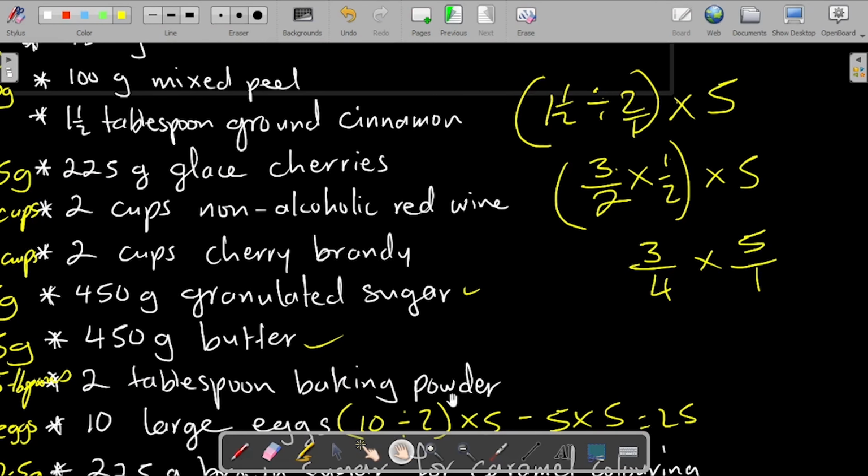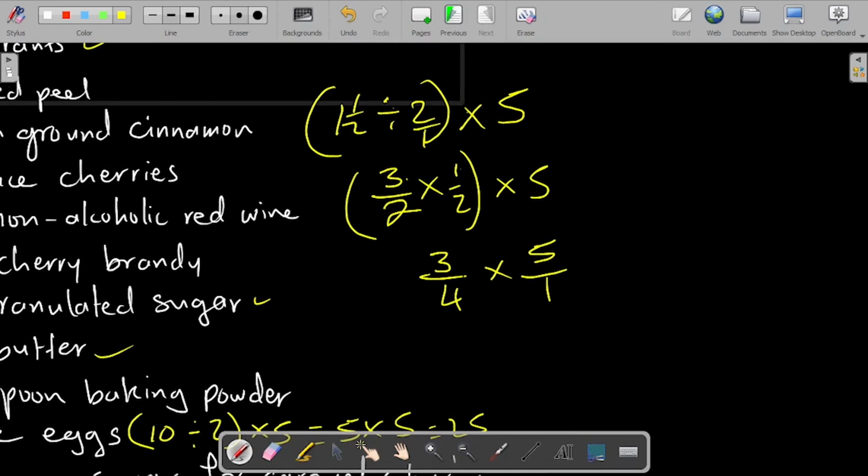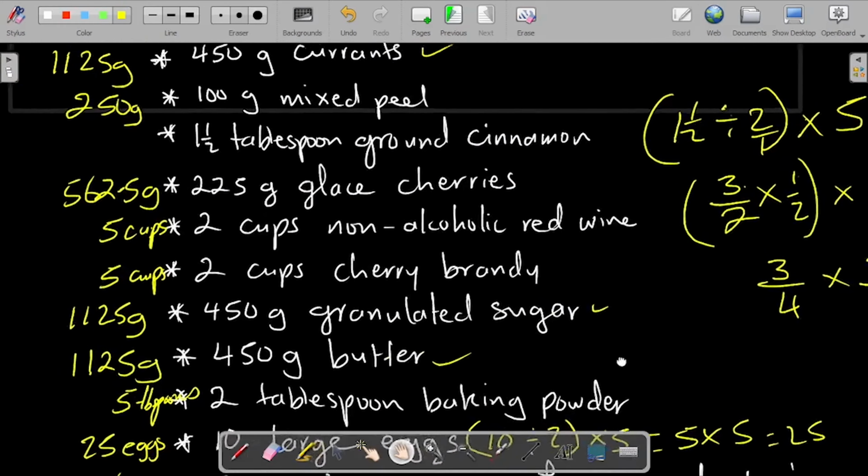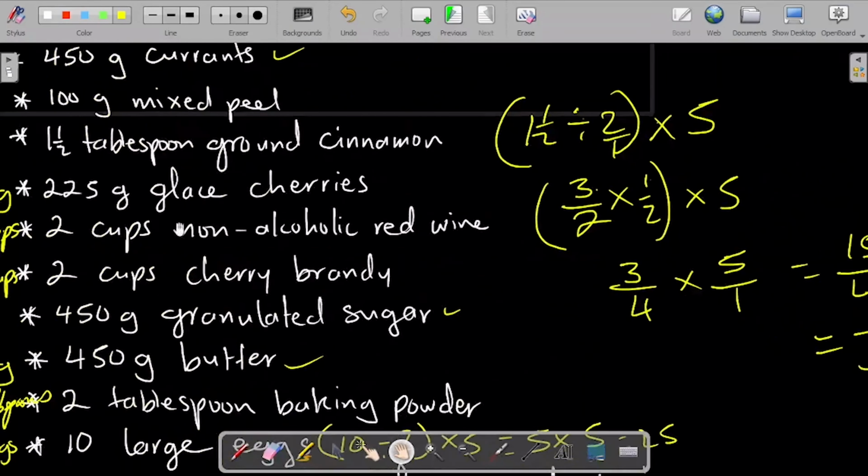We cannot cancel, so 3 times 5 is 15 over 4. 4 into 15 is 3, because 3 fours are 12, so 3 and 3/4 tablespoons. That's what would be needed.